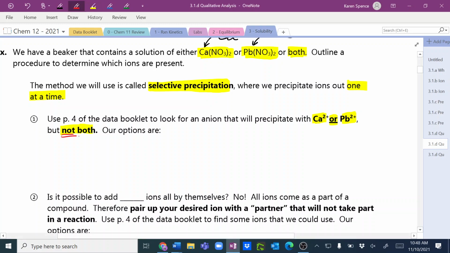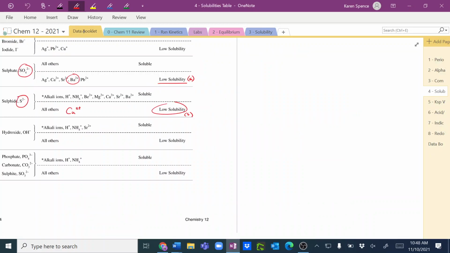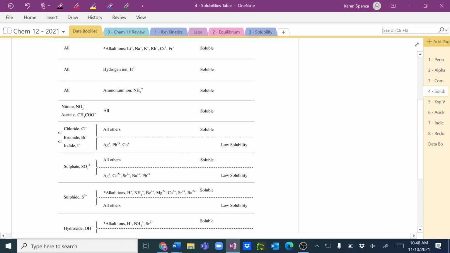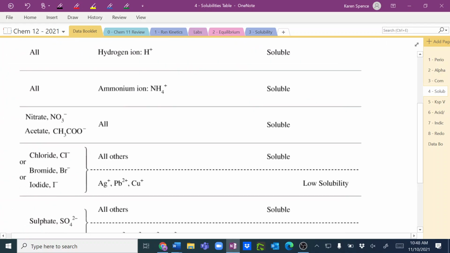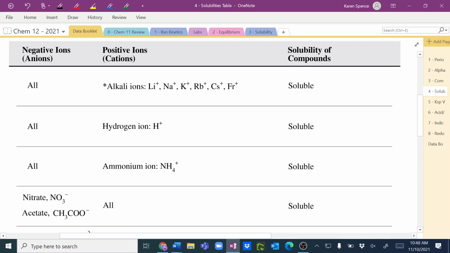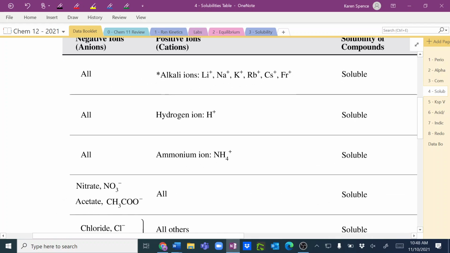So find something that precipitates one of them, but not the other. We want something that'll precipitate either calcium or lead.